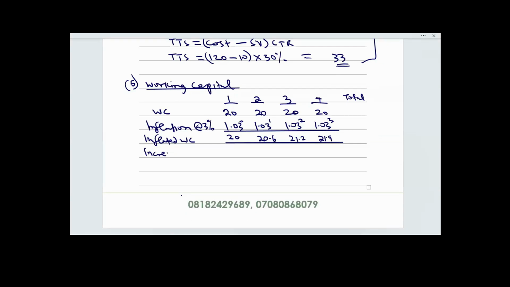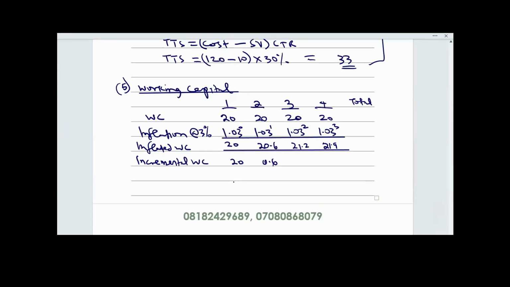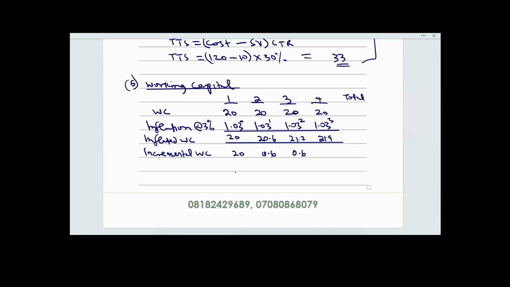I will then say incremental working capital. The first year is 20. 20 has increased to 20.6 by 0.6, right? Then 20.6 has increased to 21.2 by 0.6 also. 21.2 has increased to 21.9 by 0.7.